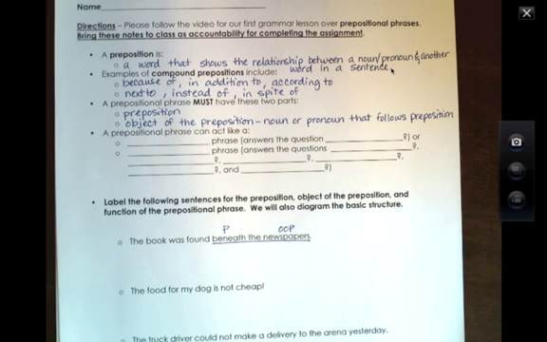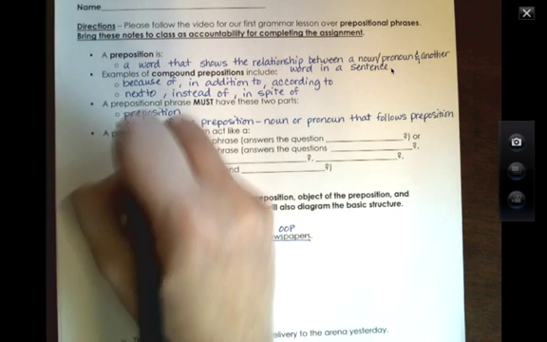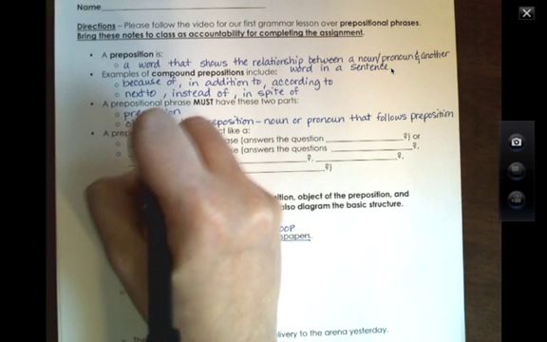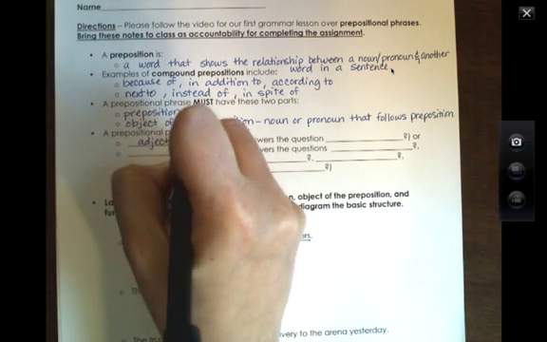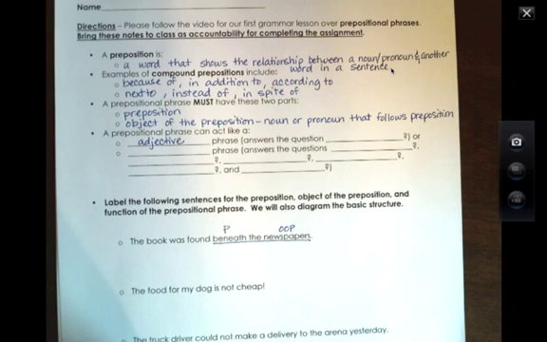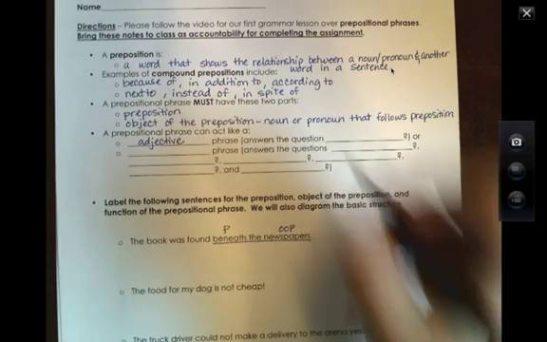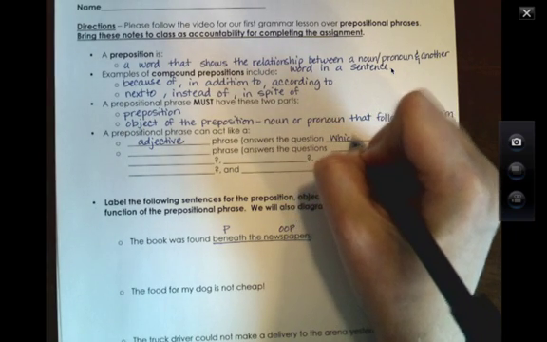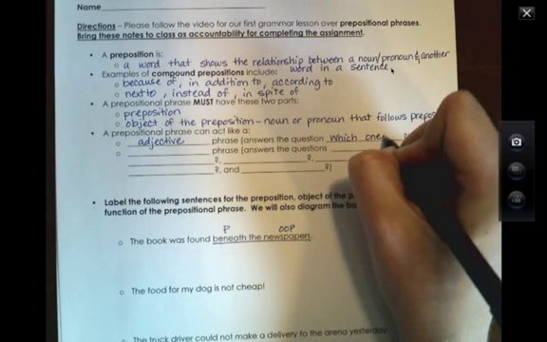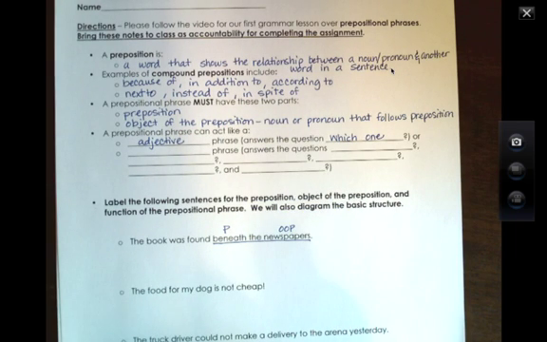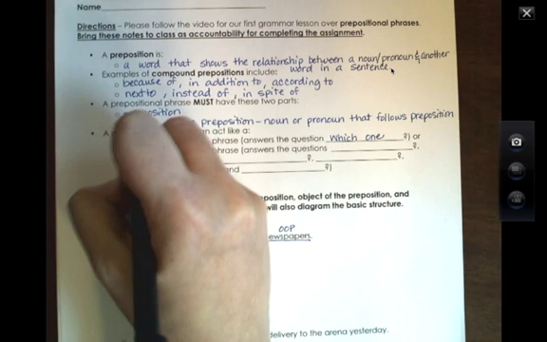The first function of a prepositional phrase is to act like an adjective or an adjective phrase. When we have a prepositional phrase that acts like an adjective, it can easily answer the question, which one?